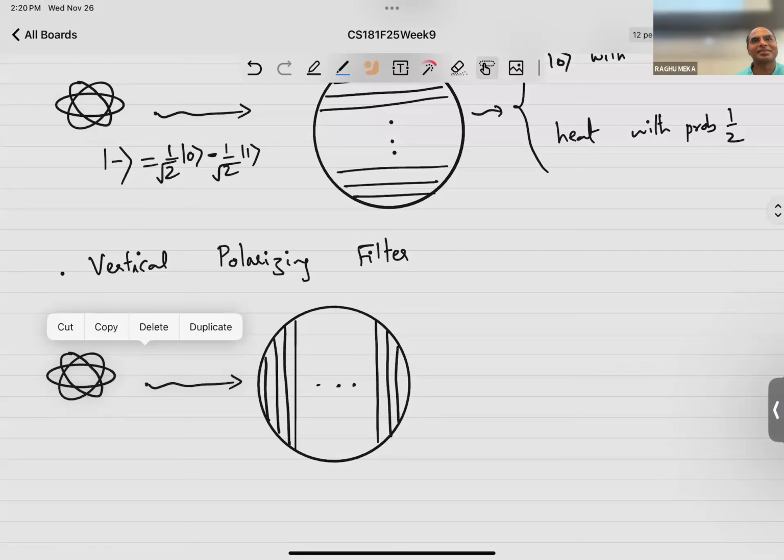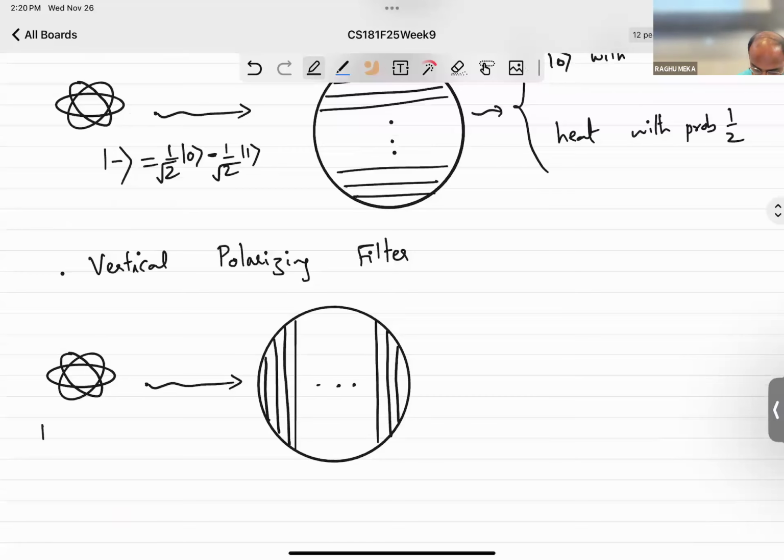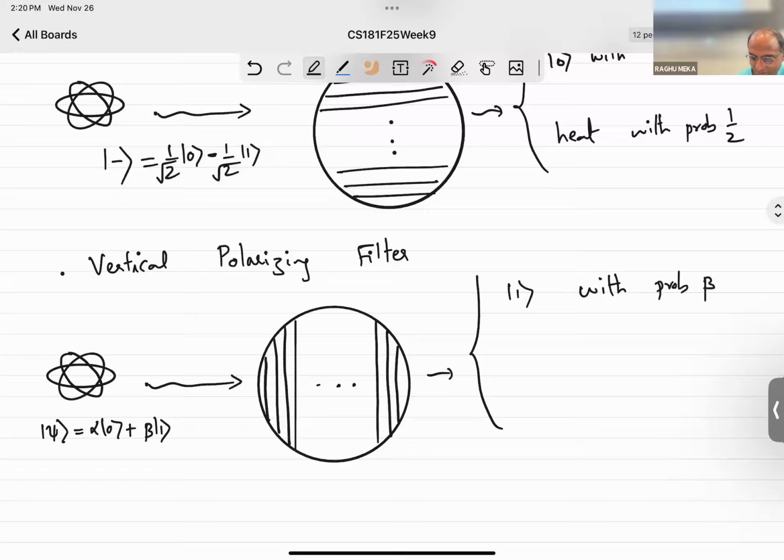I'm going to take a guess. Suppose I send in a photon in state alpha times 0 plus beta times 1. What should the outcome be? Any guesses? Exactly. So you'll get 1 with probability beta squared and heat otherwise. Makes sense?